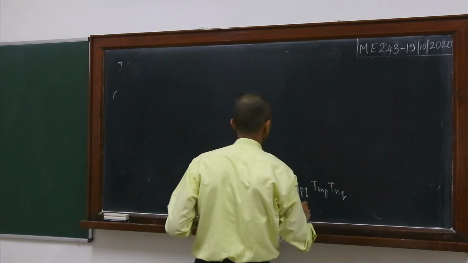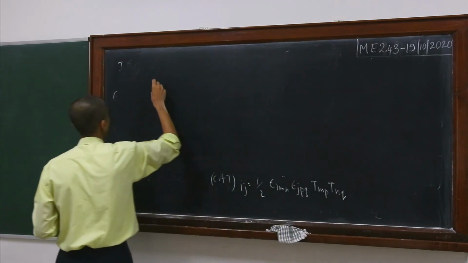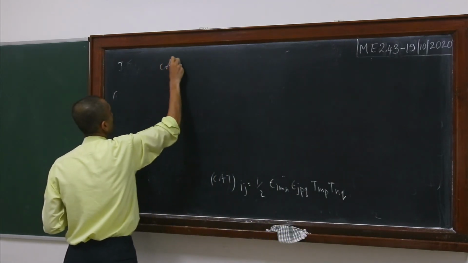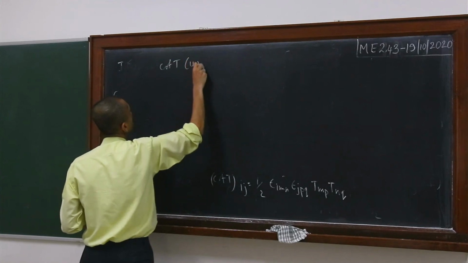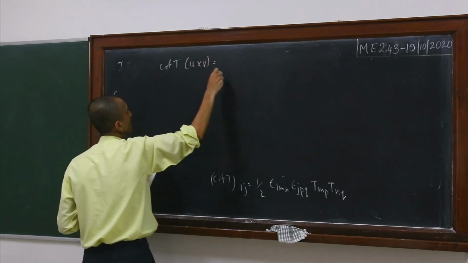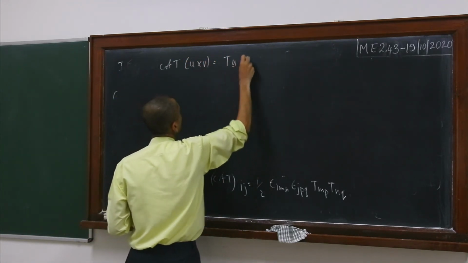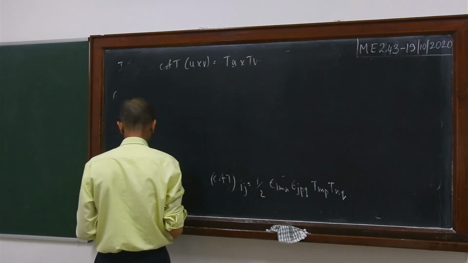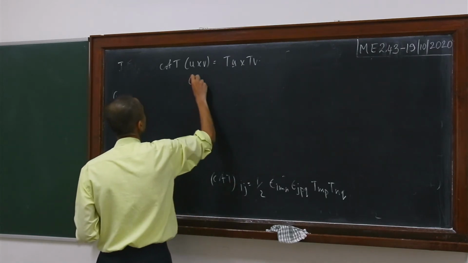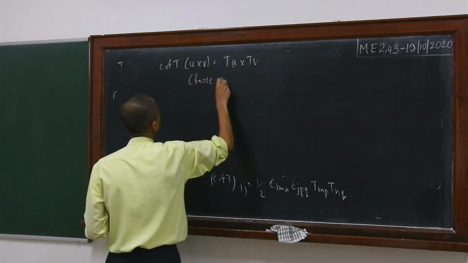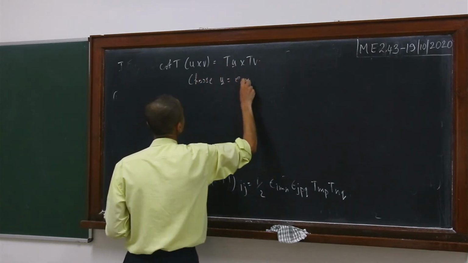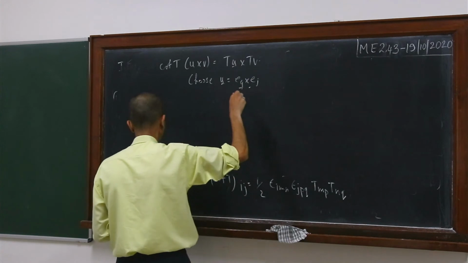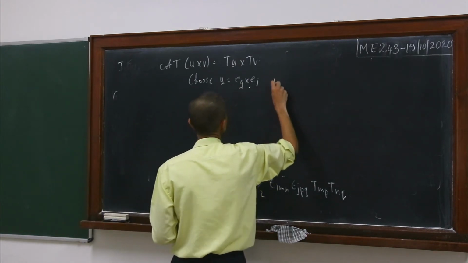Okay, so go back to the definition. Cofactor of T, U cross V is equal to TU cross TV, right? So choose U to be EQ cross EJ and V to be EQ.